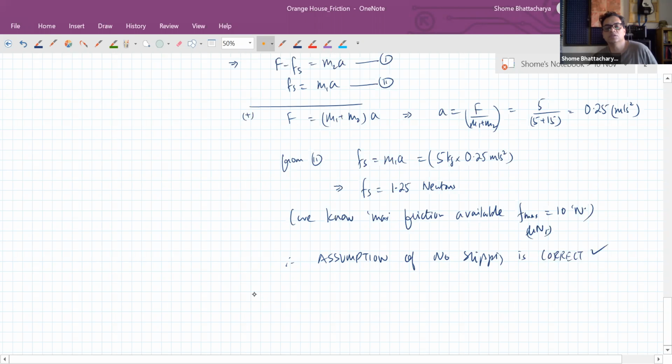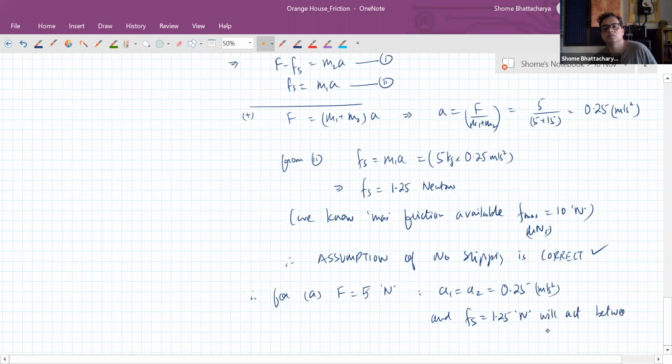Okay. So in this case, A1 will be equal to A2, will be equal to 0.25 meters per second square, and static friction of 1.25 newtons acts between the two blocks.